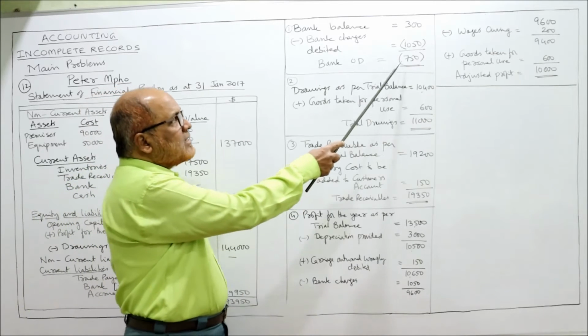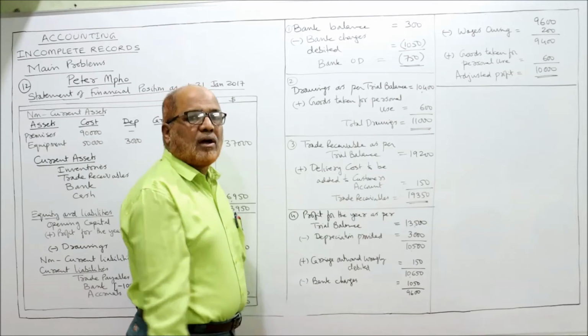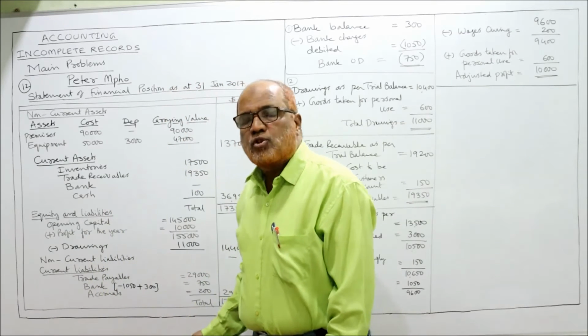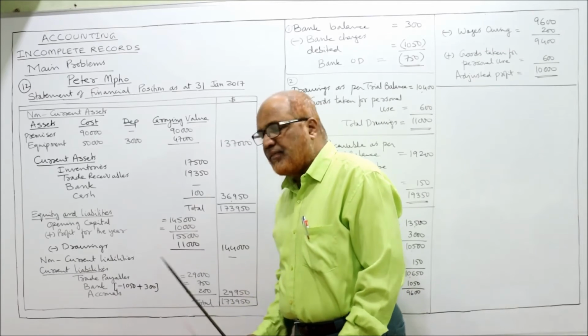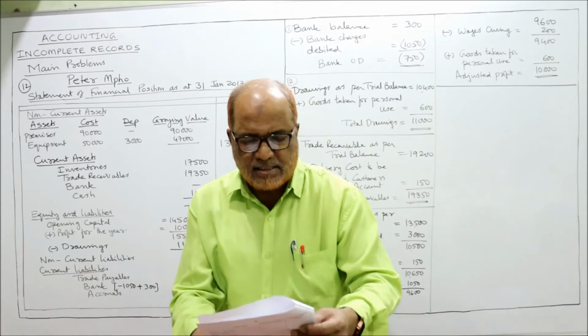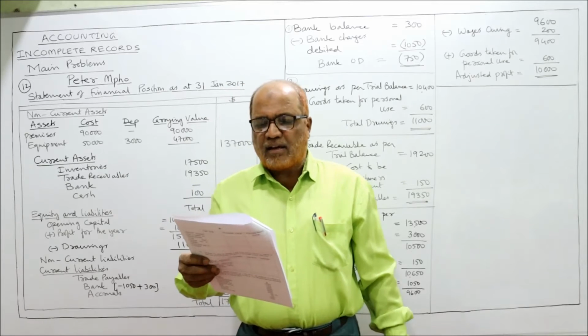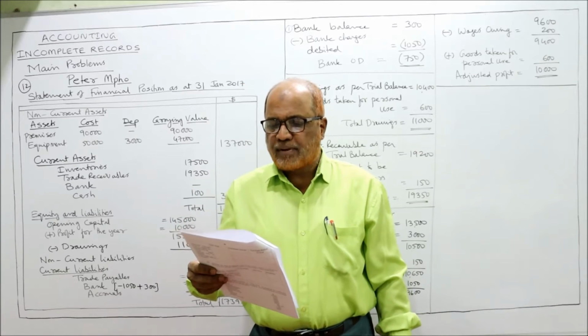So negative balance 750. This is bank overdraft. So this bank overdraft should be taken in current liability. Bank overdraft 750.